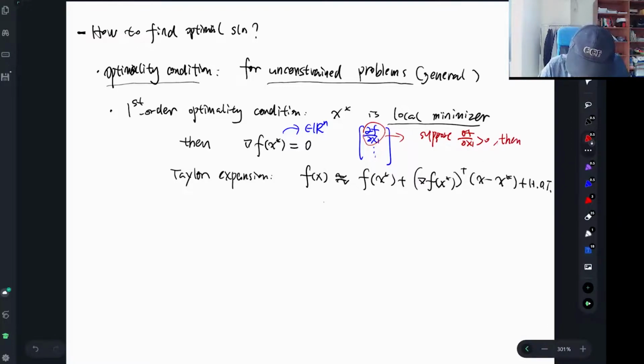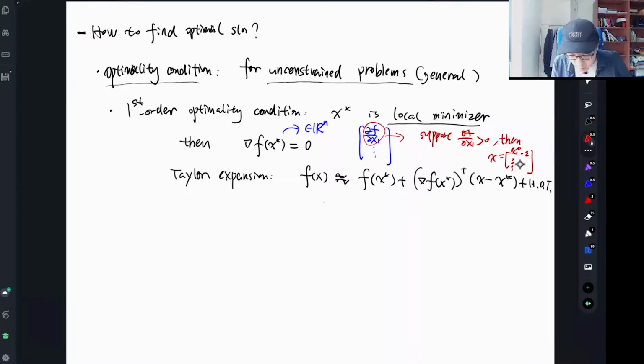Then I can pick x hat with the first element equal to x1 star minus epsilon, and all the other elements are 0.